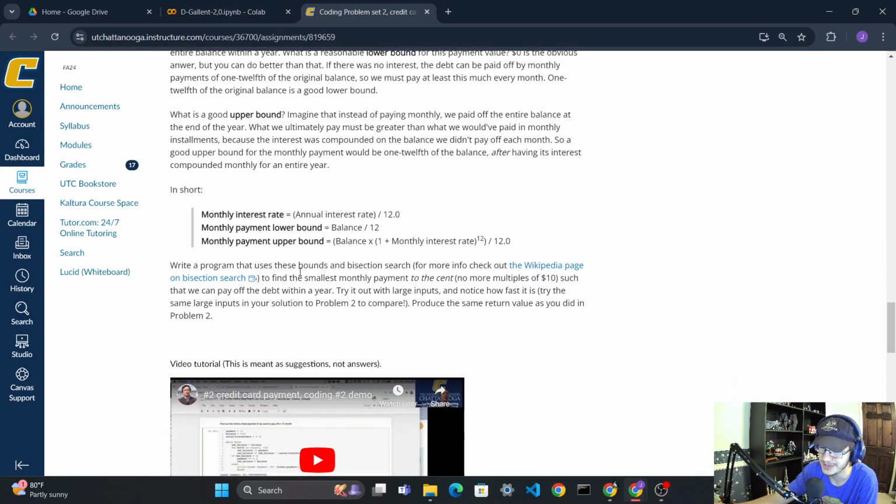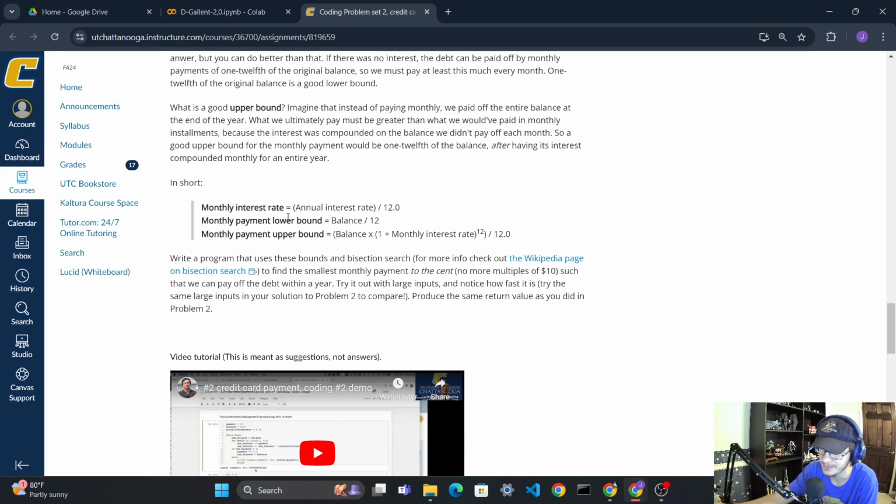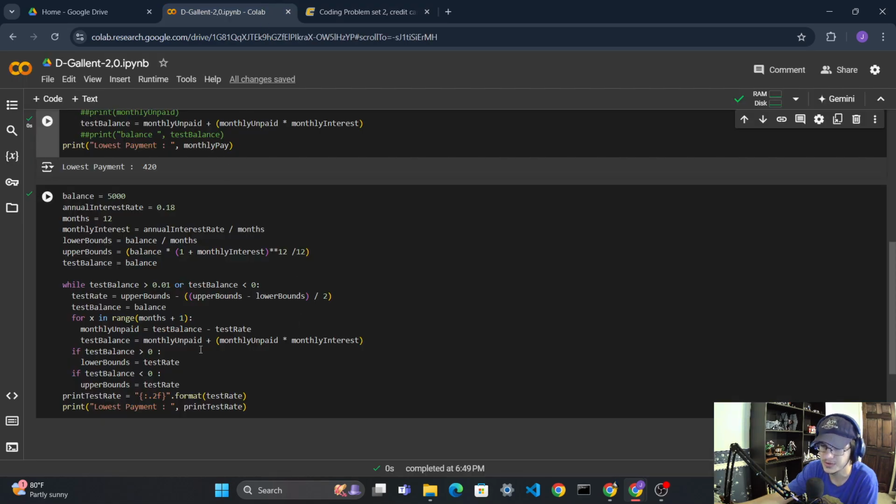So once we look at this interest rate right here, we are once again doing a very similar thing. Some of my code is just copy paste, but the difference is that instead of going by increments of 10, we want to find down to the decimal place the actual minimum monthly payment we could pay to have all of our debt of 5,000 cleared by the end of the year.